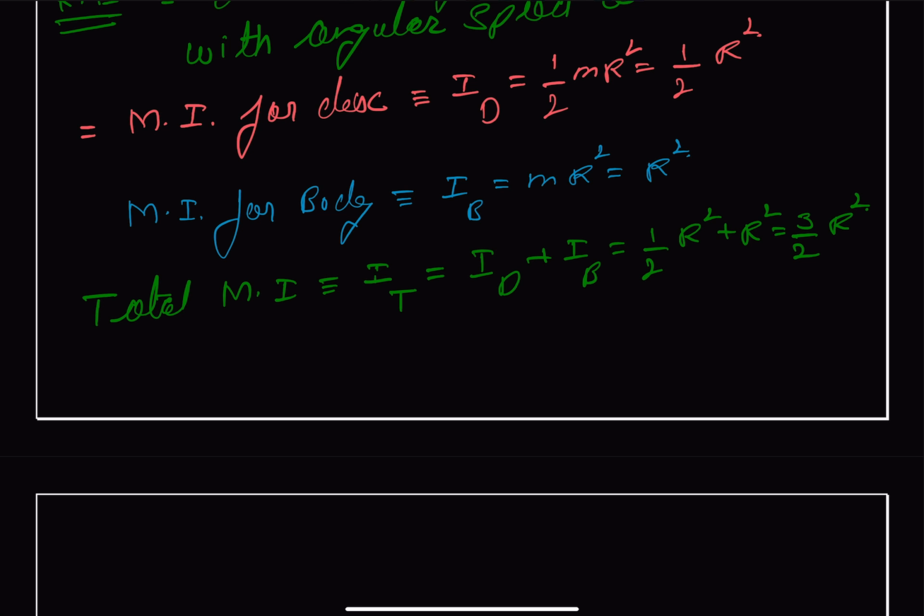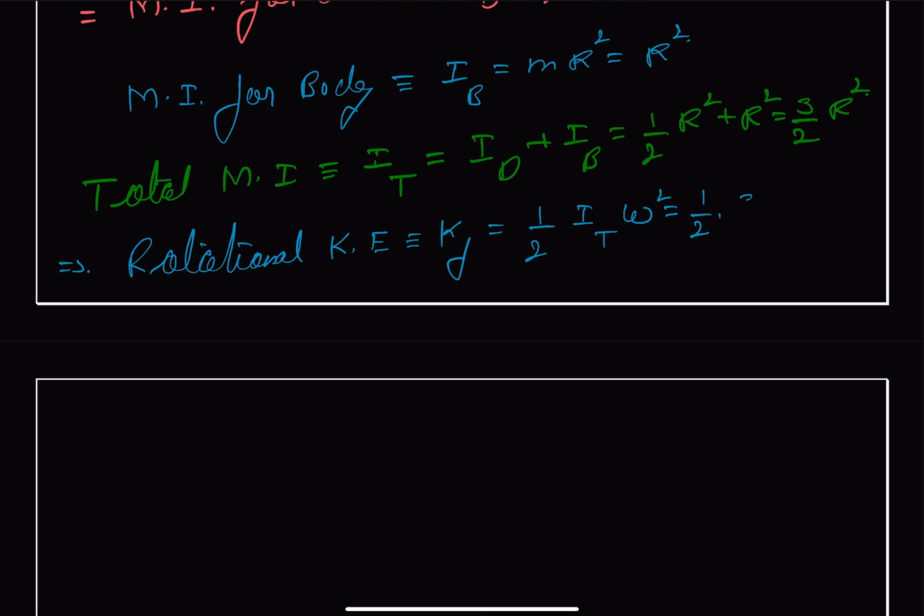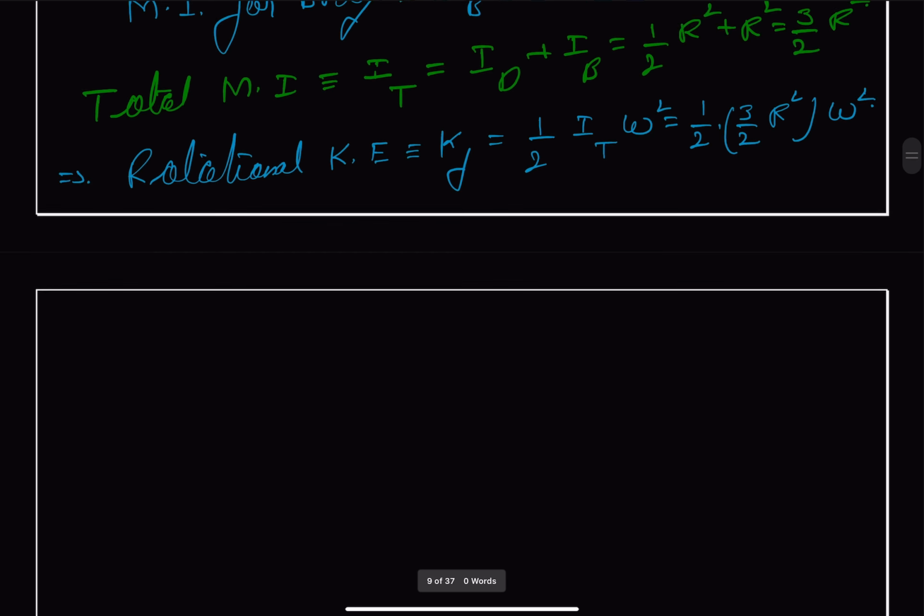And now we can easily find out its rotational kinetic energy, which will be our final kinetic energy. Therefore, rotational kinetic energy, which is our K final, will be equal to half total moment of inertia and omega square, and this comes as half times 3/2 r square and omega square.